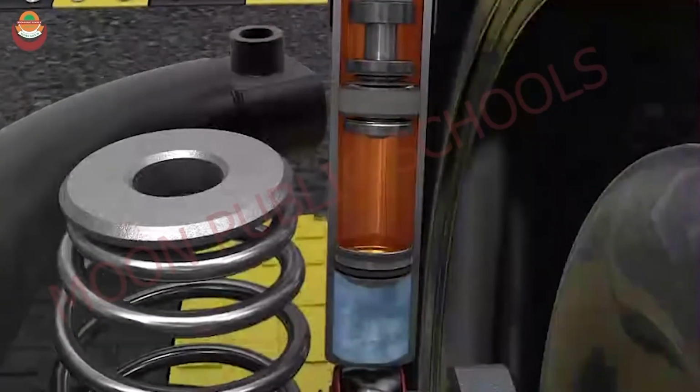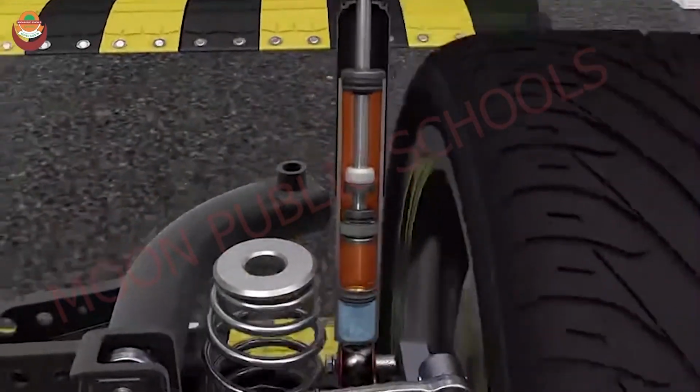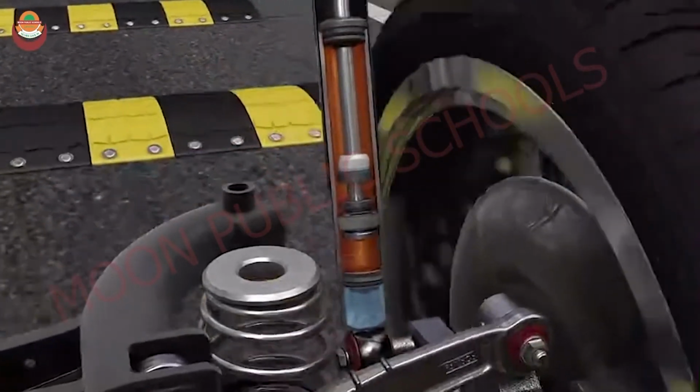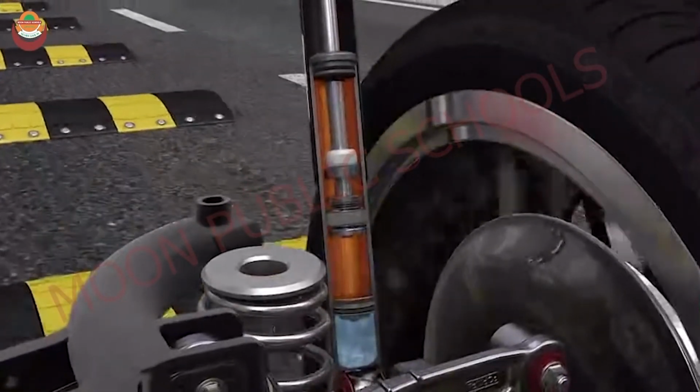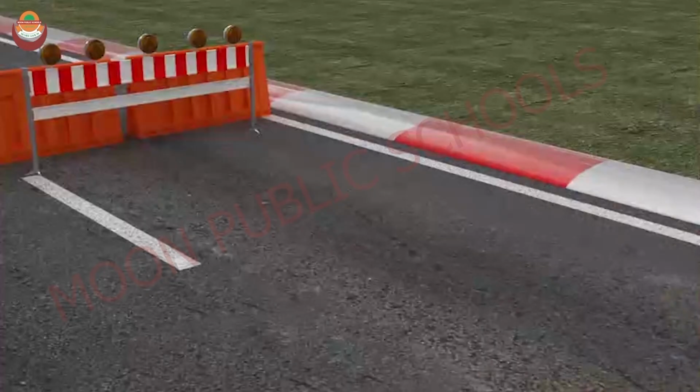In this way, the shock absorber works. When a car travels over a bump, the shock absorber absorbs the damped vibration and it is converted into other energy, especially into heat energy of the oil.